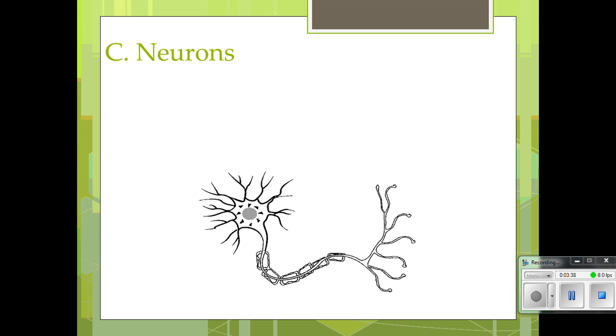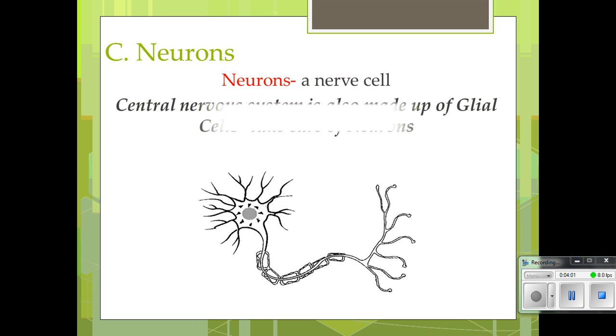Now, the smallest structure of the nervous system. Okay? These are neurons. And what neurons do is they help send messages from your brain to your toes. Okay? From your brain to your stomach. Right? They're nerve cells. So many of you have explored cells in science class. This is basically a cell for the brain and for your behavior.